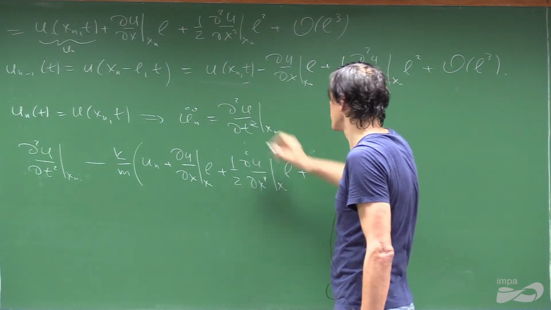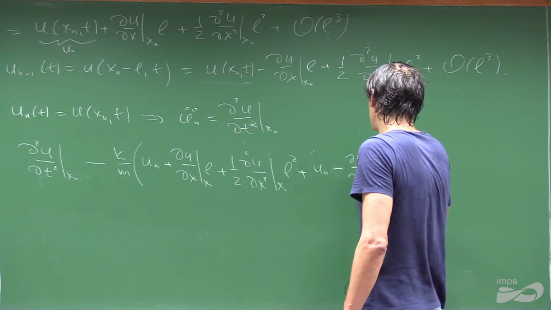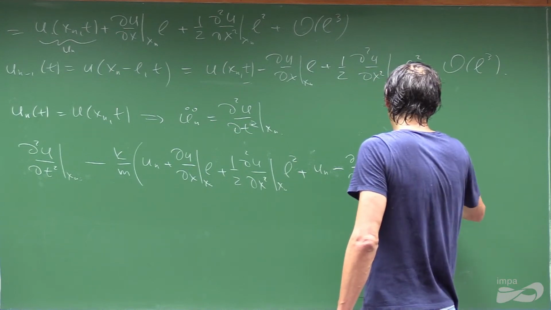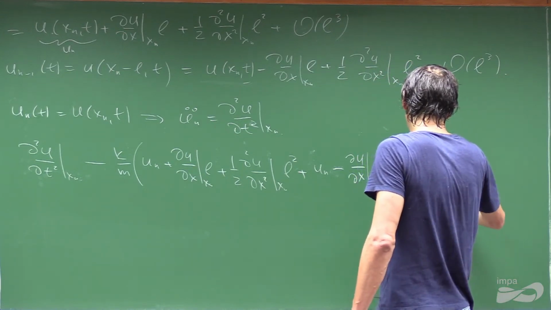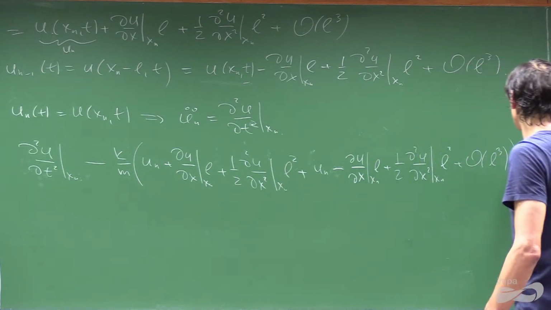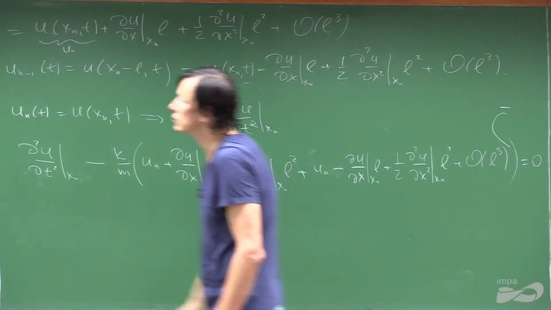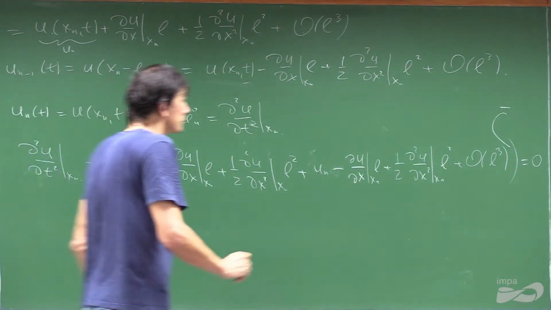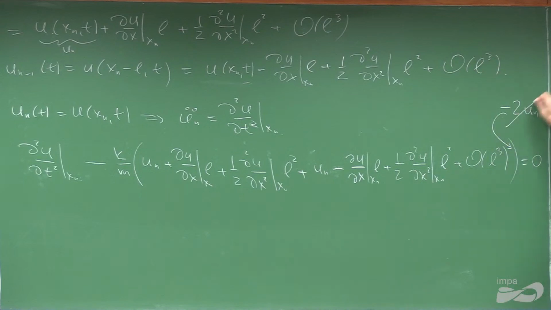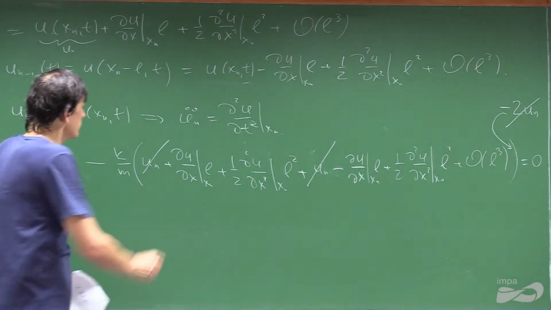Then this is also un with minus, like this, equals 0. And we forgot minus 2un. So what you can see is that 2un cancels with this un and this un. Then we also cancel the first derivatives.